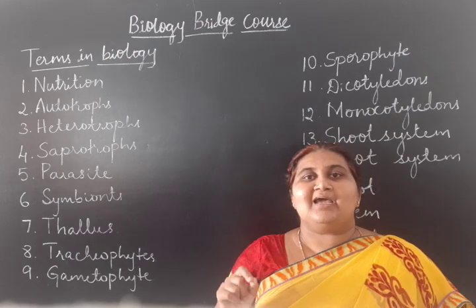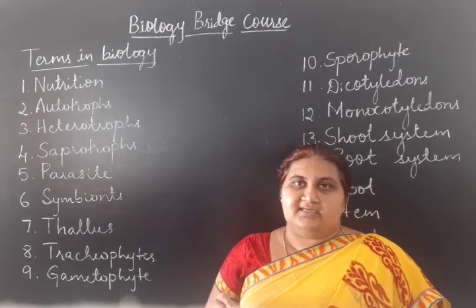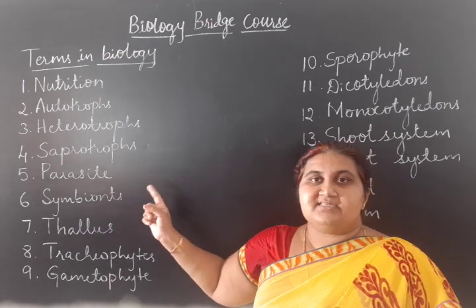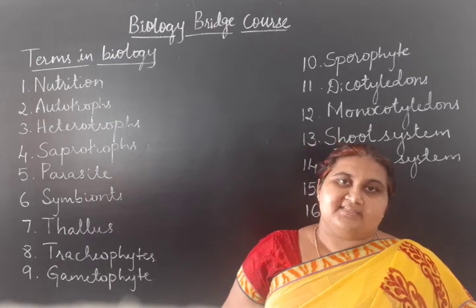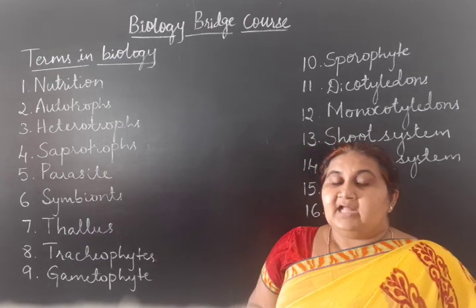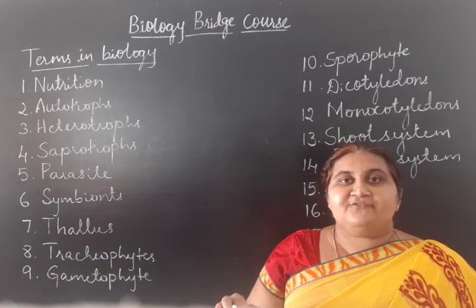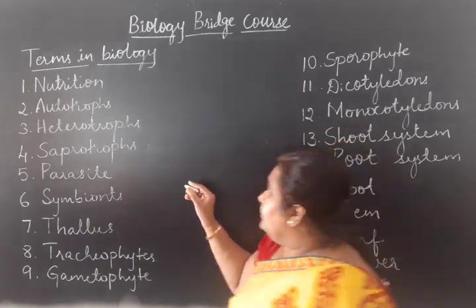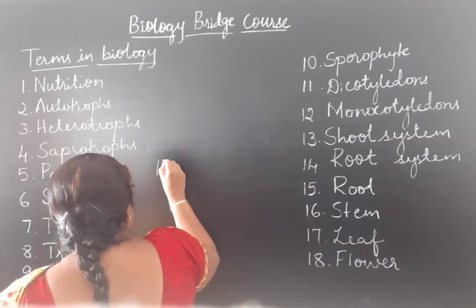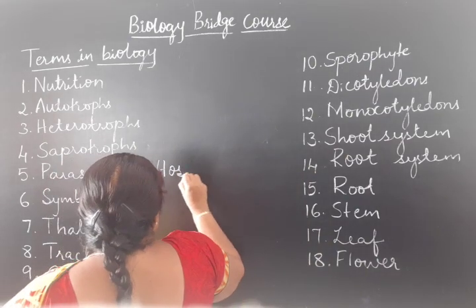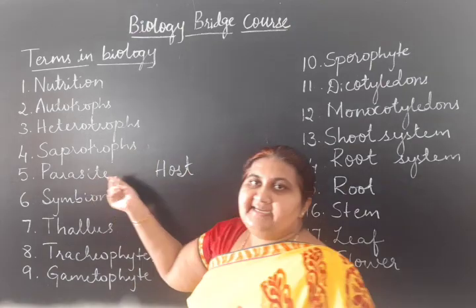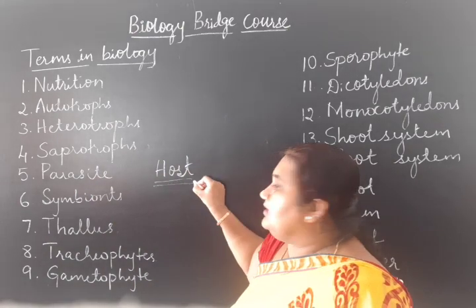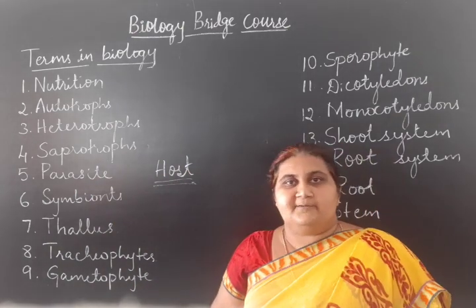That organism is called a parasite. The other organism which provides food and shelter to a parasite is called the host. So, the parasite is dependent on the host organism.